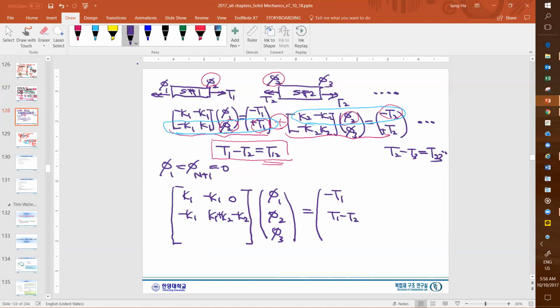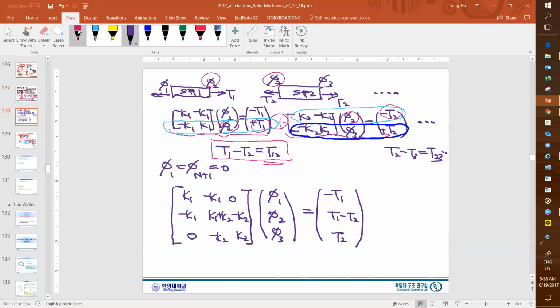Now, the third equation will be this one. So minus K2 and plus K2 and 0, right? So I'm trying to have this one, okay? I will use a different color. I will use blue for these equations. So you can see that, and Phi3, and there will be a T2, right?